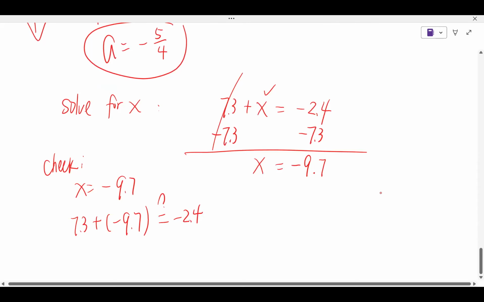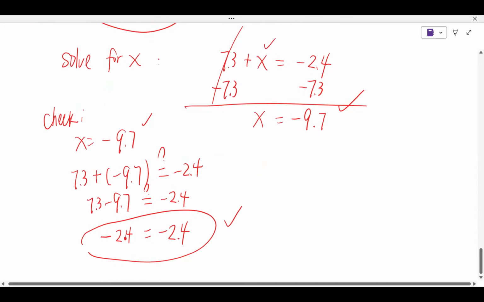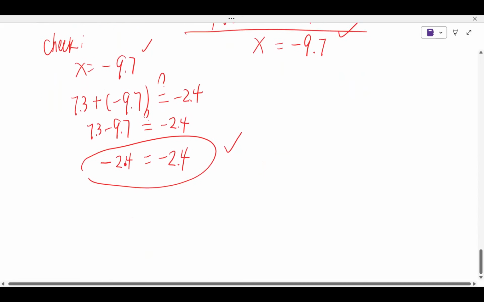Then we get plus minus is -7.3 minus 9.7, and we get smaller number minus bigger number, that's going to be minus 9.7 minus 7.3, that's 2.4. We just verify left-hand side or right-hand side, right? This is good, reference answer. Good. So that's basically how we check it.